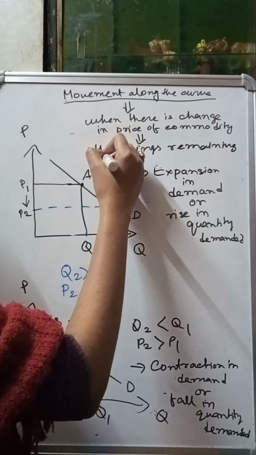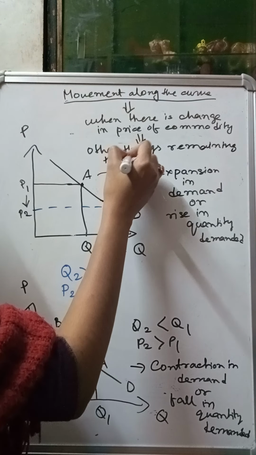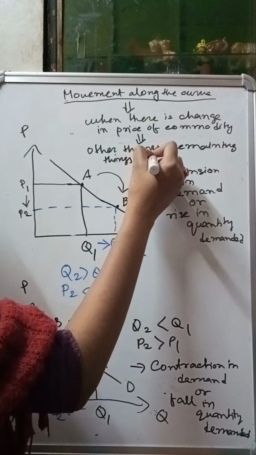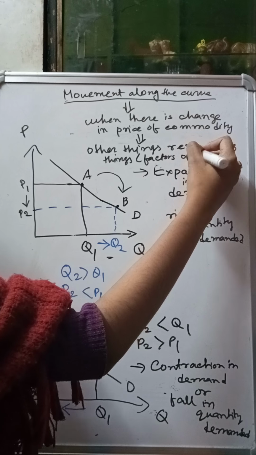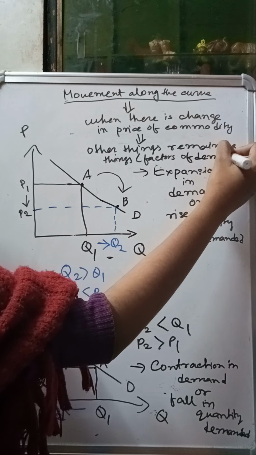And what do we mean by other things? By other things we are indicating the factors of demand.